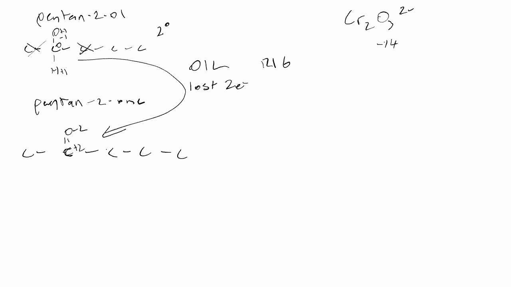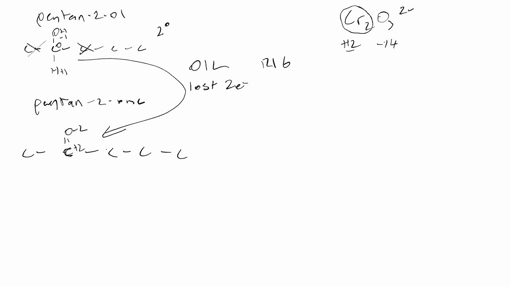We've got to come up with an overall charge of 2- here, and we've got -14, so +12 minus 14 gives us -2. So the Cr2 has a +12 oxidation state, which means each of these Crs must be +6, all right? So you should be looking at this as individual atoms and what their oxidation state is, and both of these are +6 for a total of +12.